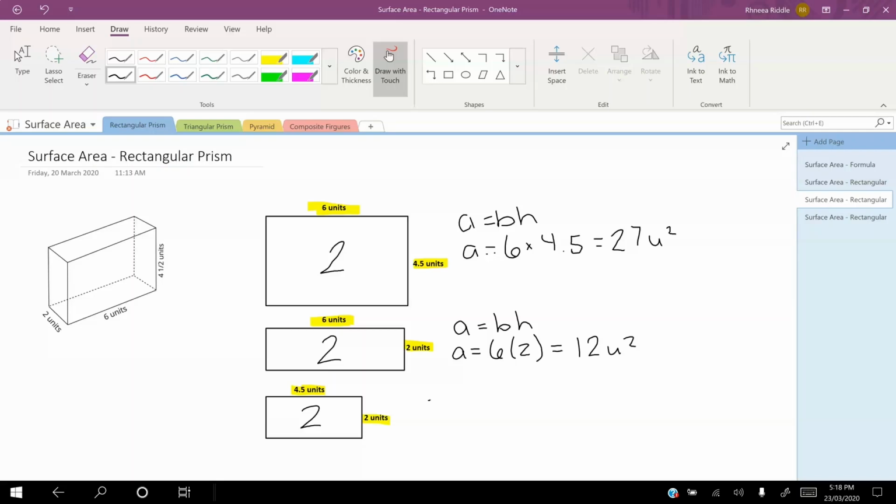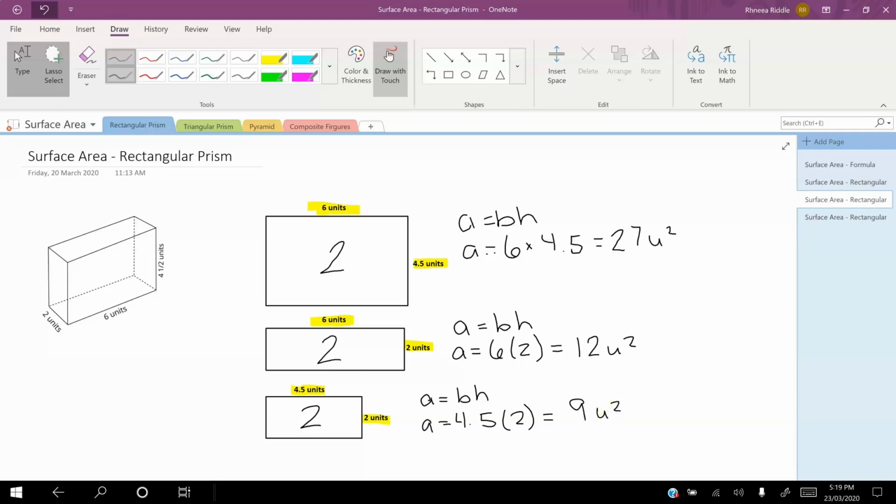And then our last one's also a rectangle, which is area equals base times height, meaning area equals 4.5 units times 2, which is going to give us, when we multiply it out, 9 units squared.